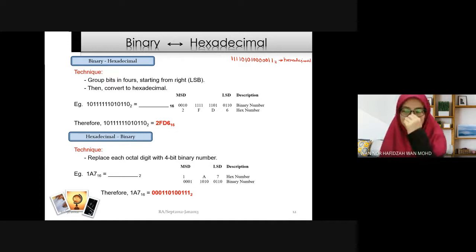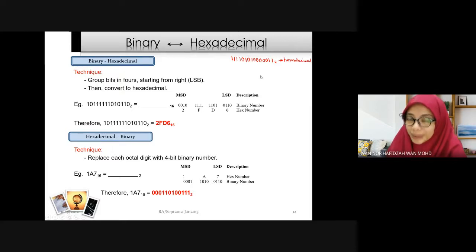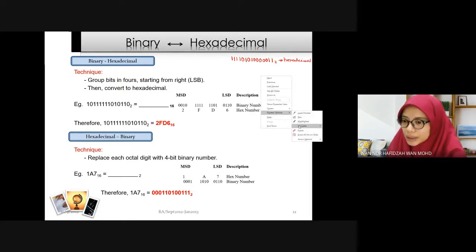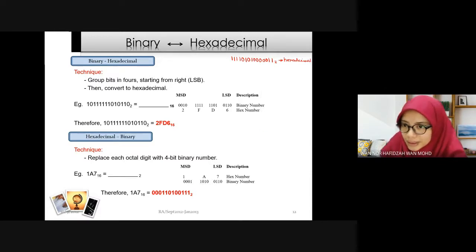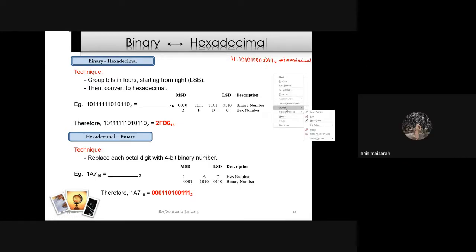Okay. Now, how to do it? We need to group 4 bit. Okay. Each 4 bit. Each 4 bit. So, 4 bit. 1 here. Salah. Betul ke salah tu? Salah.